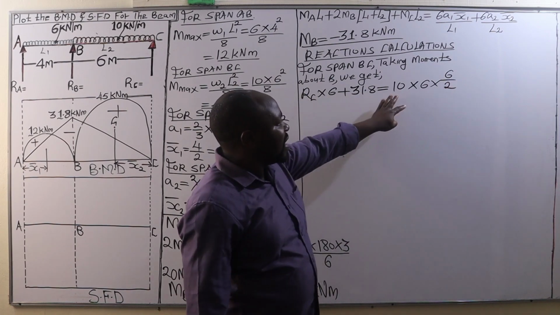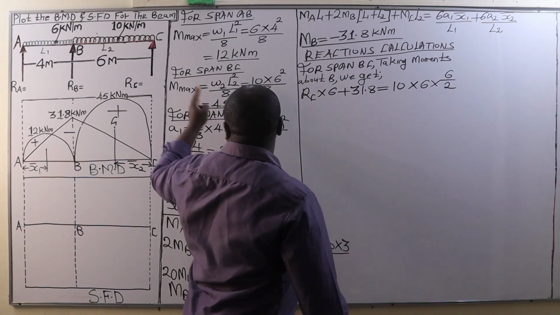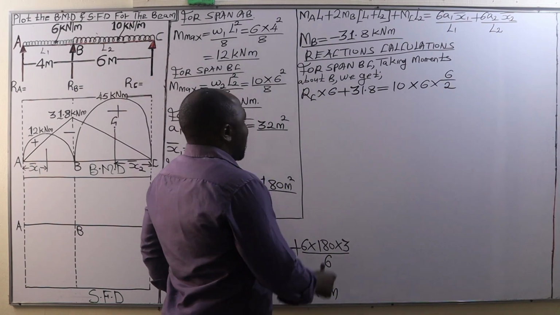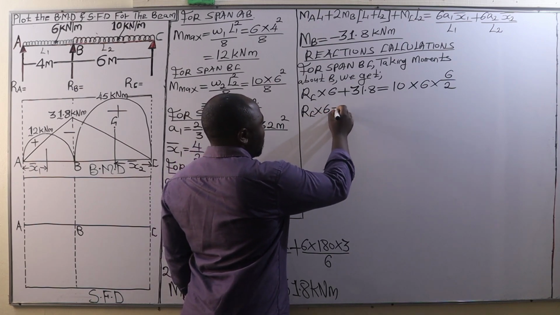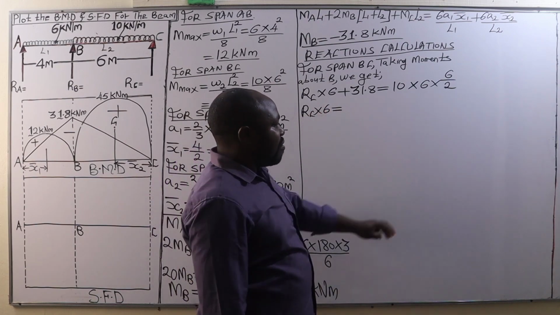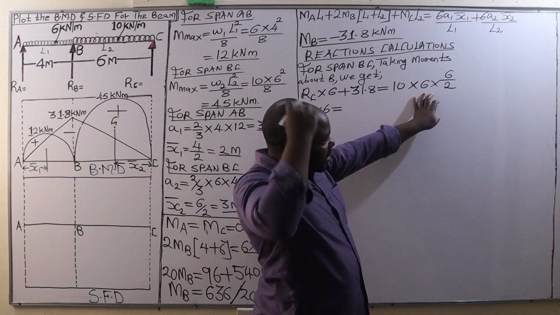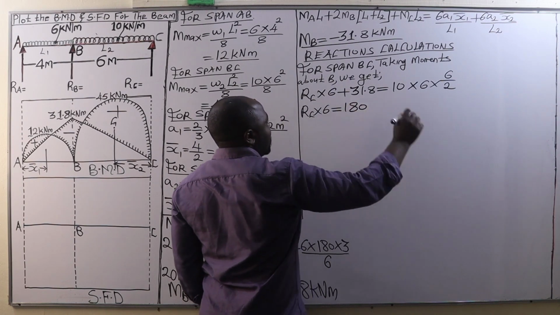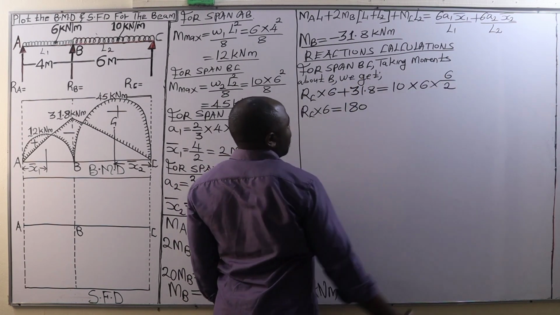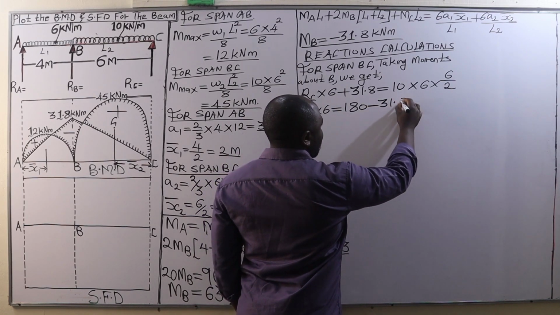That is converting it to a point load, which acts at the mid span of B and C. So RC times 6 will be equal to 10 times 6, that is 60, times 3, that is 180. We take that 31.8 to the other side of the equal sign, which is going to be minus 31.8.